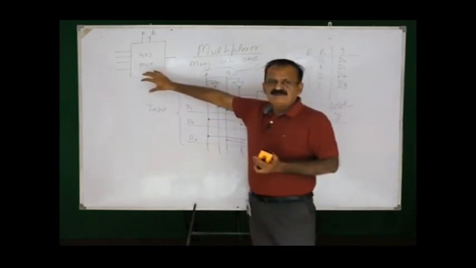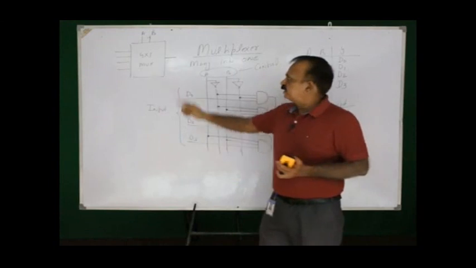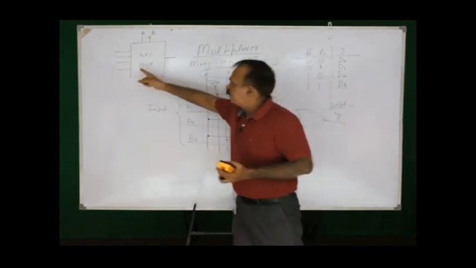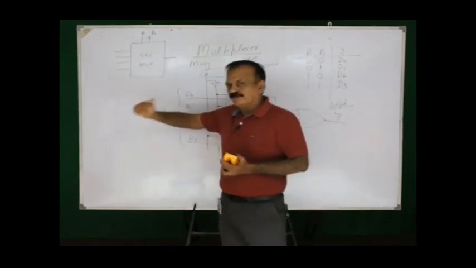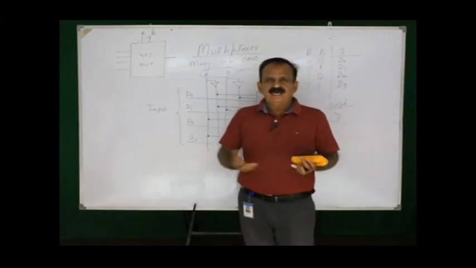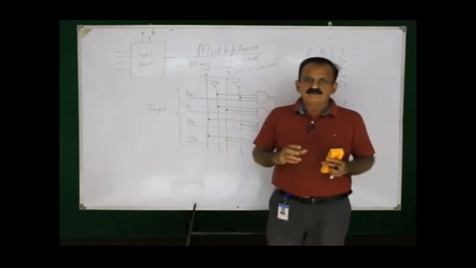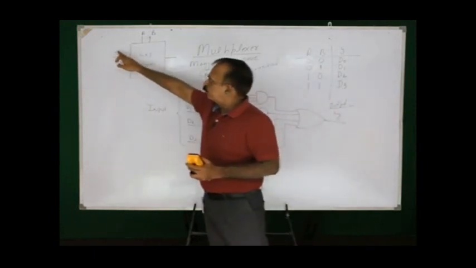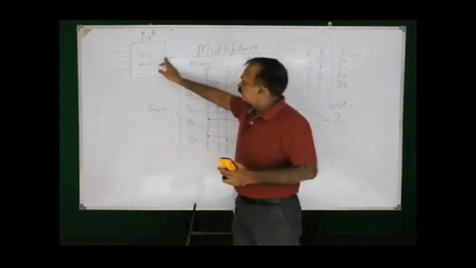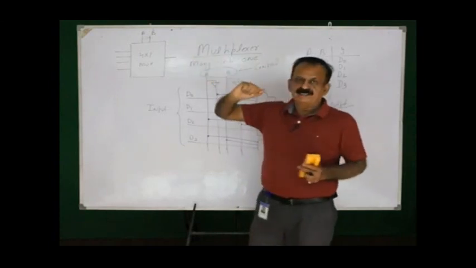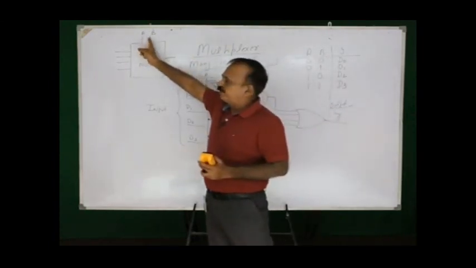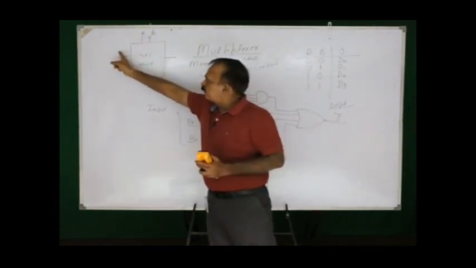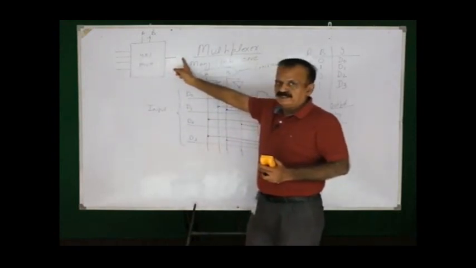Basically we use a multiplexer when a single resource is to be shared by a number of input resources. Say I have one printer and I want to use it with 4 computers. We can connect the computers' outputs here, and this will be connected to the printer. If it is 0 0, the output of this particular computer will be shifted to the printer.